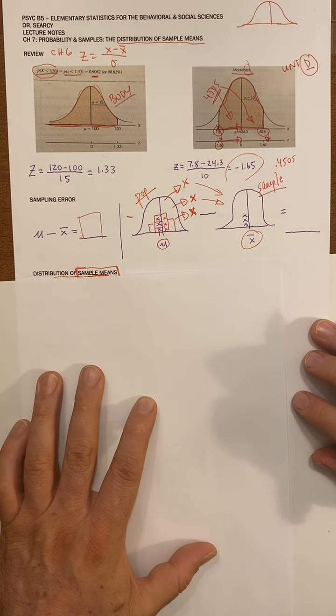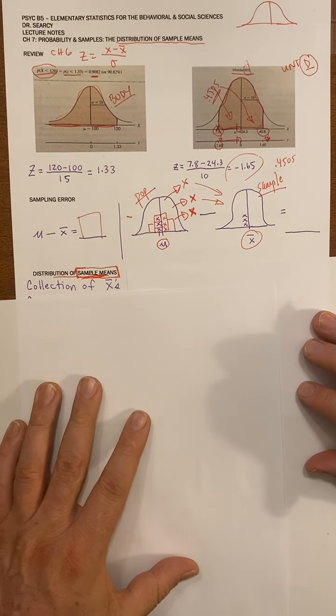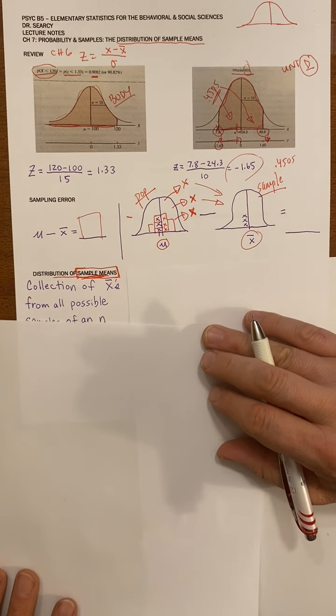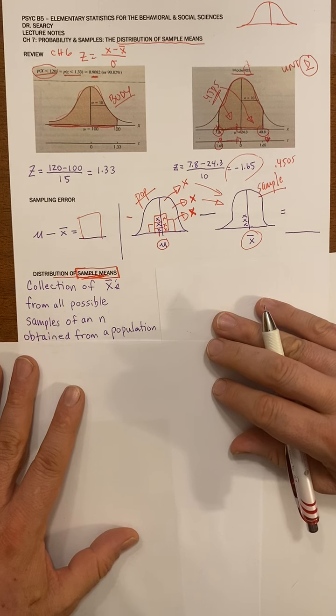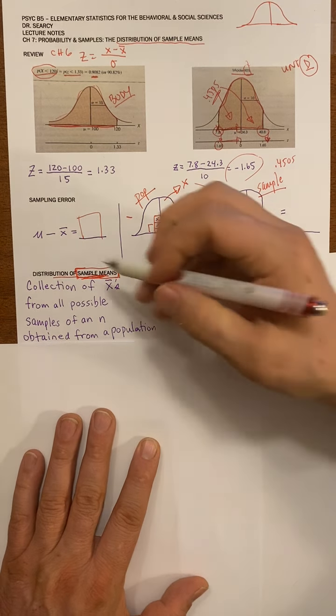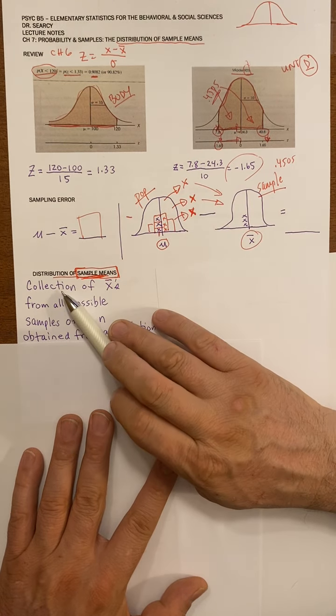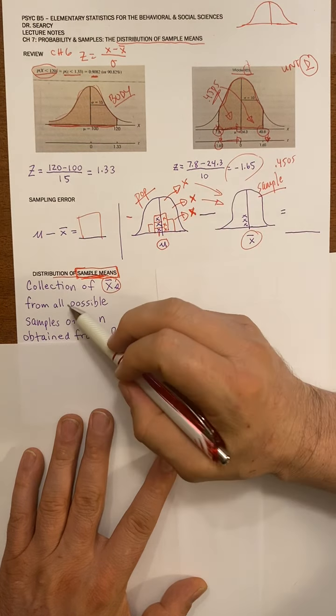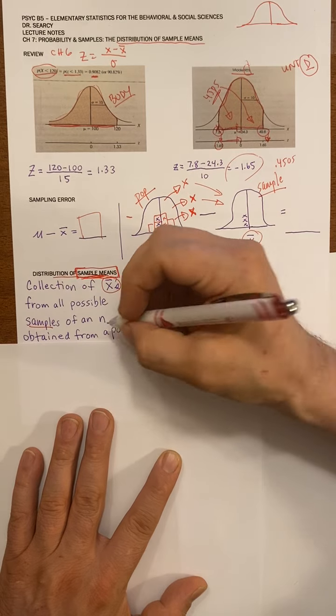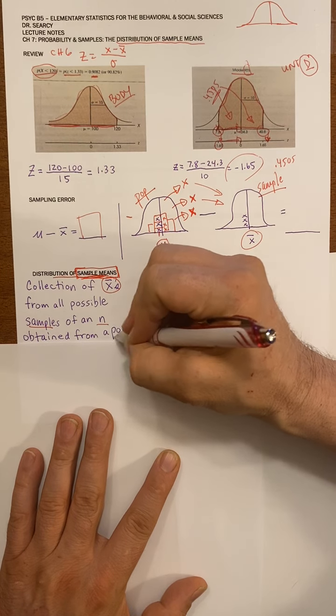Okay, so what is this distribution of sample means? First, I'll give you the written definition of what we're talking about here. I'm saying that distribution of sample means is a collection of sample means from all possible samples of an n obtained from a population.